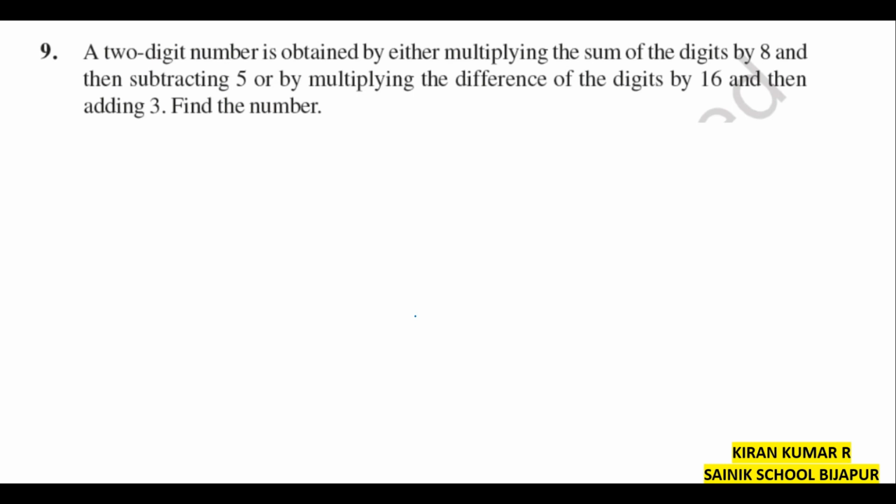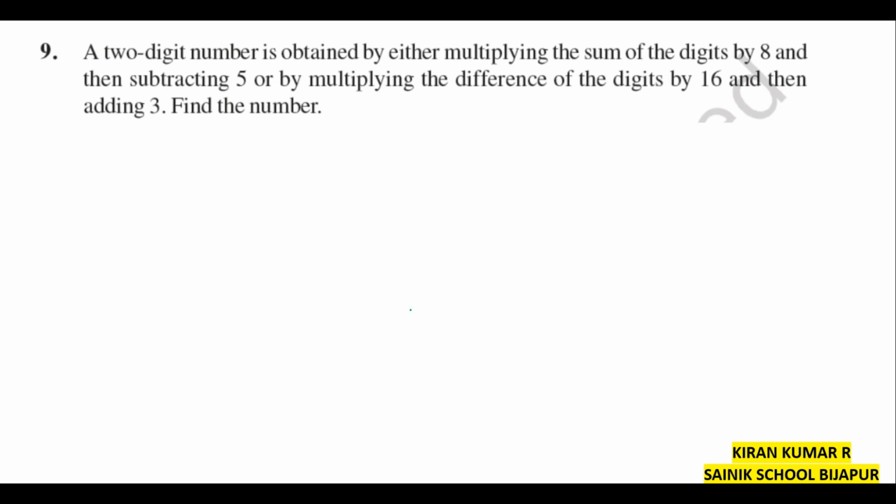Find the number. We all have learned in our 8th class as well as in the 9th class, whenever there is a two-digit number, always we have to consider in the format like 10x plus y or else 10y plus x.